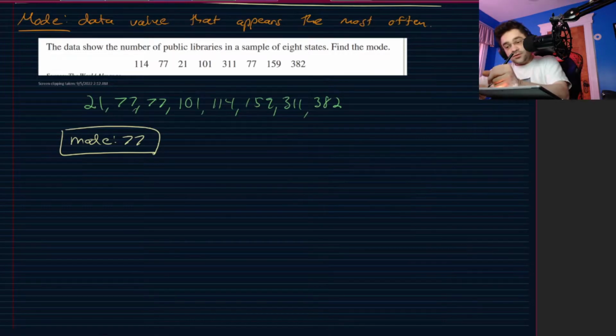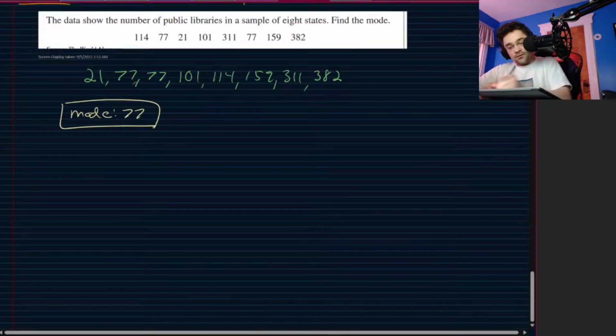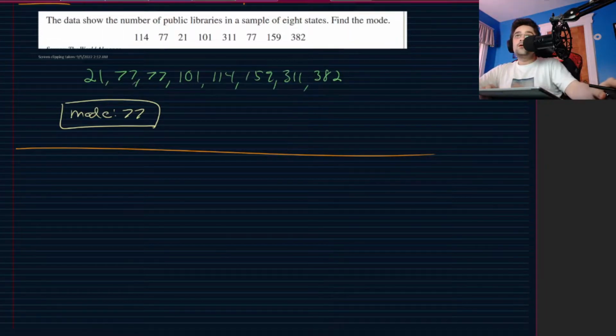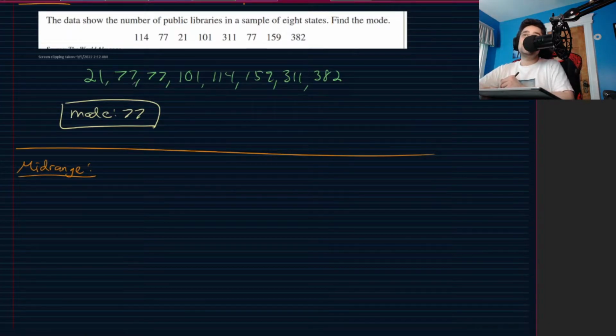Okay, so we've got two more measures of central tendency I want to mention. We've got mid-range, which kind of tells us the middle of the data, I guess, in a way another way of measuring the middle of the data.